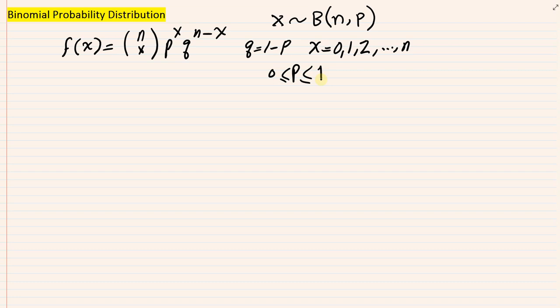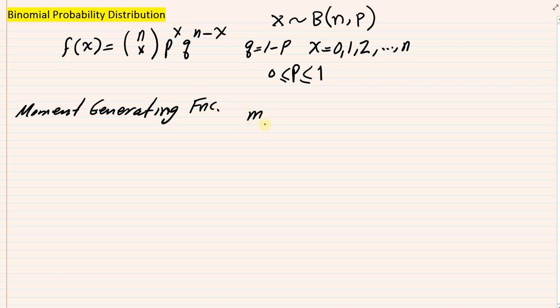Now, I'm going to go ahead and find the moment generating function first, because once we have the moment generating function, it's a lot easier to find the mean and the variance of the binomial distribution. So, by definition, the moment generating function of the random variable x is simply the expectation of e to the tx.